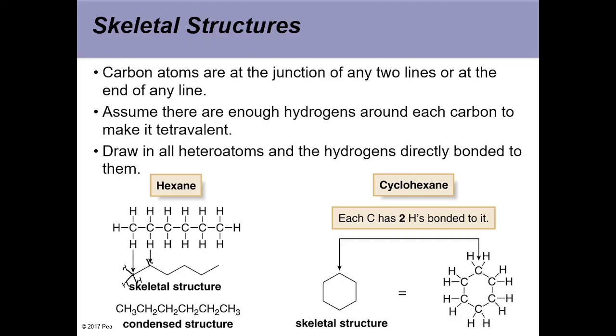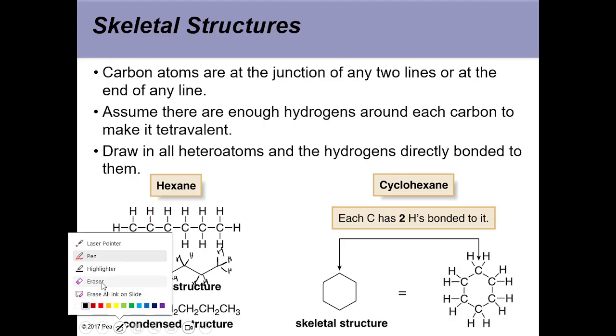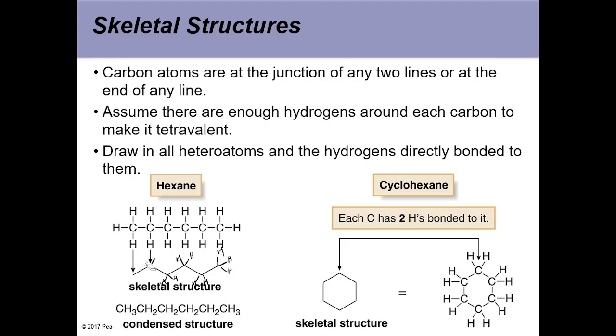On the terminal carbons, you will have 3 hydrogens. On the internal carbons, there will be only 2 hydrogens. Now, since this information is never going to change for this structure, there's no need to show this kind of thing. It makes the drawings extremely clean to see how the molecule looks.